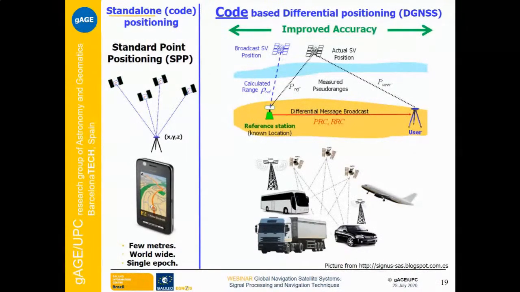Then, on the right-hand side, we have this differential GNSS positioning that is based on the code. What we have done is improve the accuracy by broadcasting the pseudo-range correction and the range rate correction.